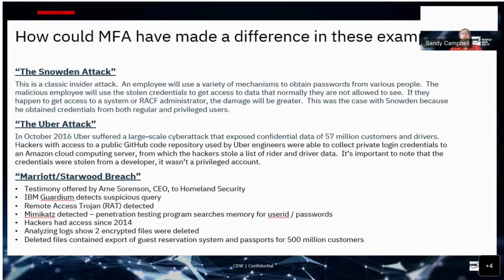It wasn't even a privileged account, it was a developer that had access to that data. So again, MFA would have made a difference, right? And then there's a third one here, the Starwood breach and Marriott stuff.